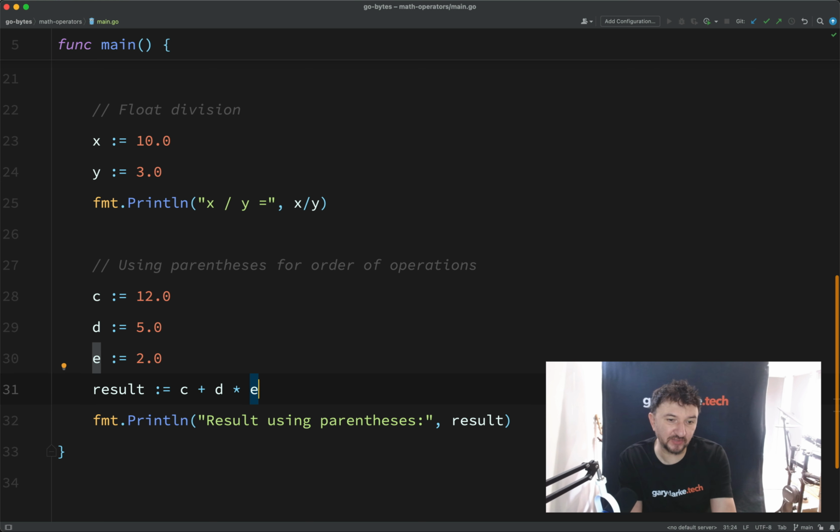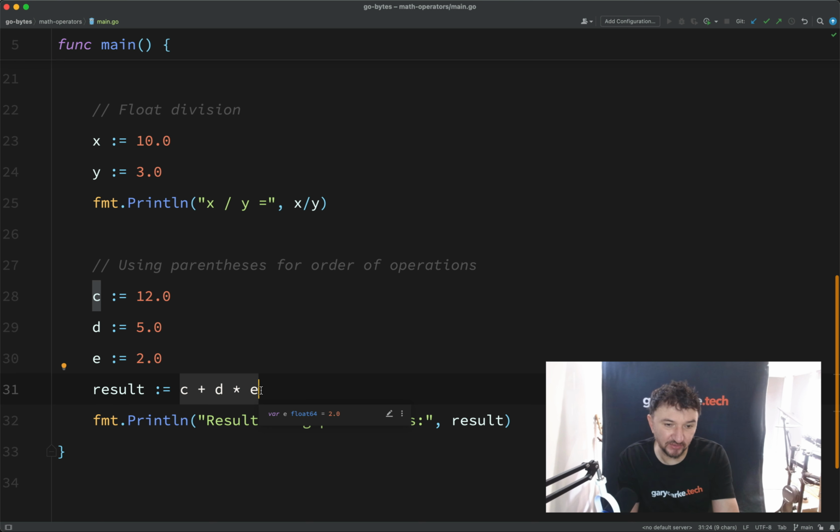Okay, let's have a look at using parentheses for order of operations. Here we have a variable C, which is 12, a variable D, which is 5, and a variable E, which is 2. Then we're going to do C plus D multiplied by E. This will give you a different result depending on the order in which you calculate it.